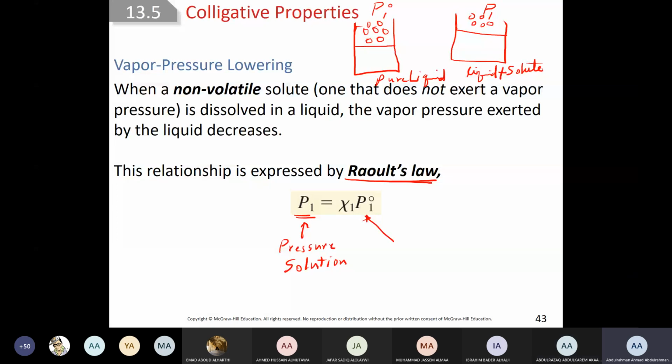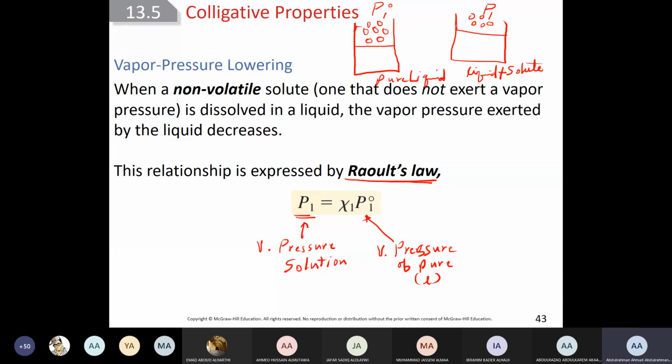What's P1 zero? Yes. Vapor pressure of pure liquid. Excellent. And so you know this and you know this.